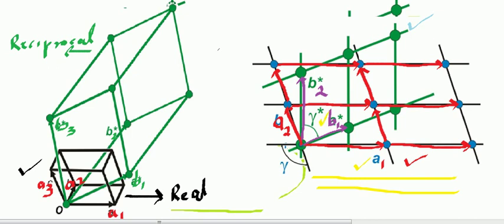Similarly, A2 is a small vector, and the corresponding B2 is a larger, longer vector, because B2 is the reciprocal of A2. You can see this from the previous lecture.